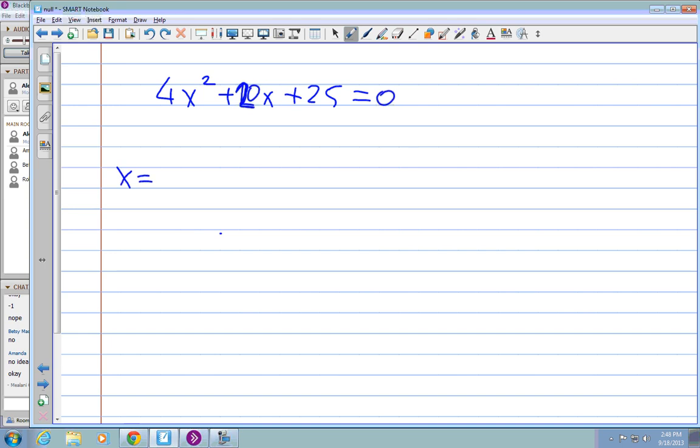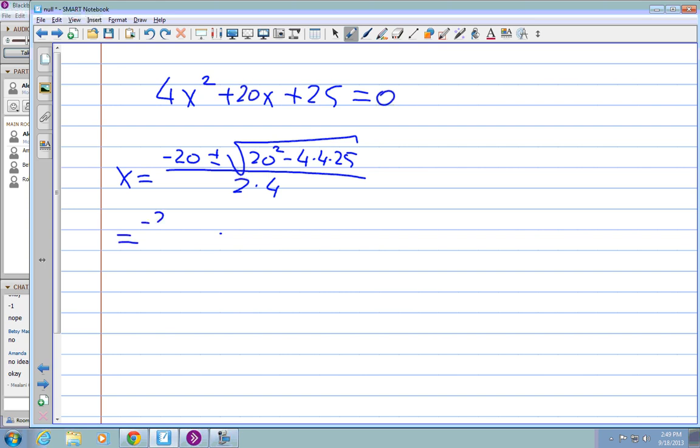So again, I have a 20 in the middle. By the quadratic formula, I'll get negative 20 plus or minus the square root of 20 squared minus 4 times 4 times 25, all over 2 times 4. Negative b, all that.